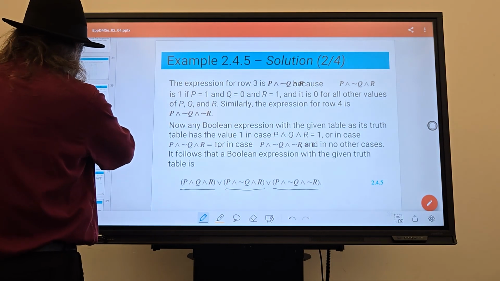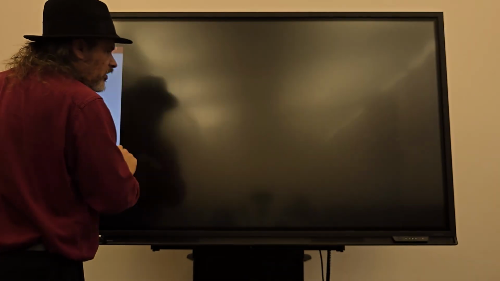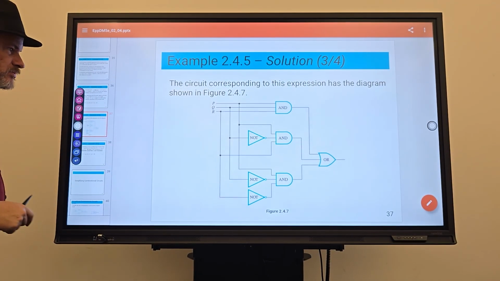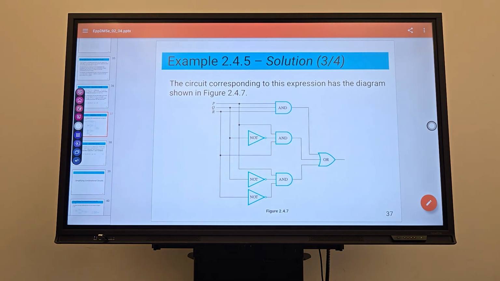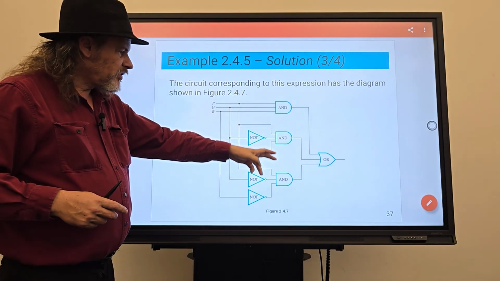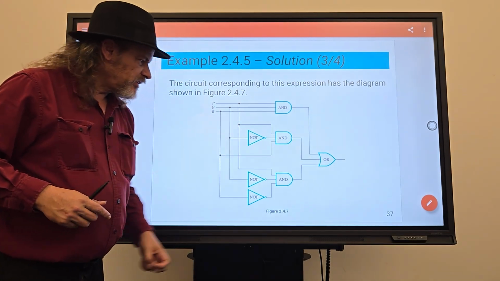Okay. Now this is the circuit diagram for it, assuming you have three-input AND gates available and a three-input OR gate available.